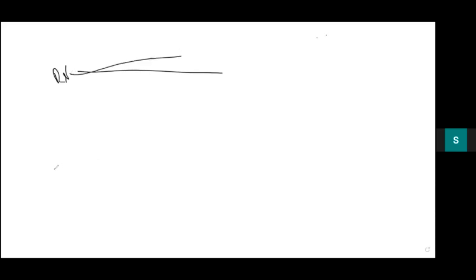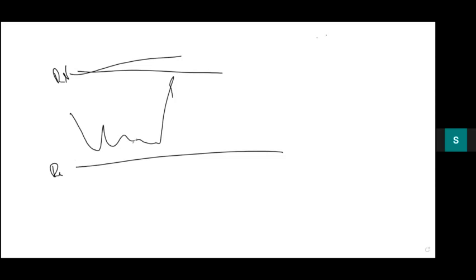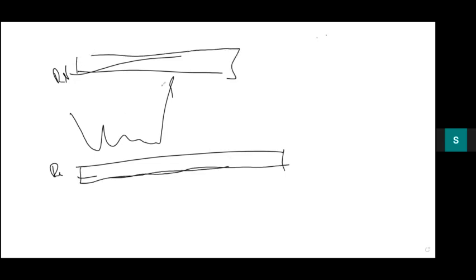And for the demand, they will just draw a line. Correct? As per the textbook. But it is never a line. It is always a zone. So this is your support zone, and this is your resistance zone.